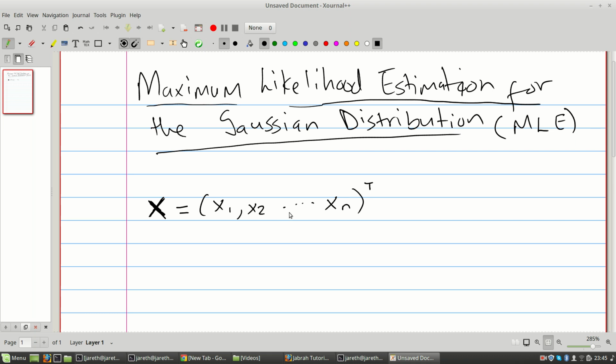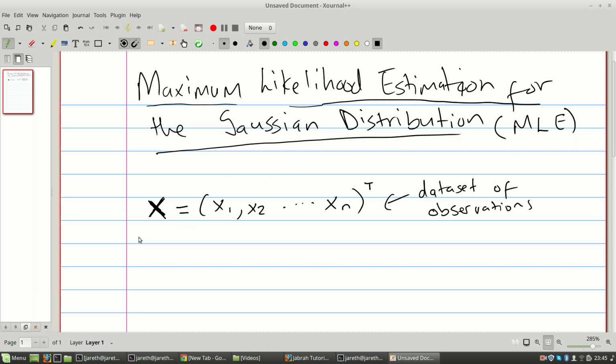This is our data set of observations. While X is a vector, x1, x2 and so on are scalar variables. You can think of them in that way.